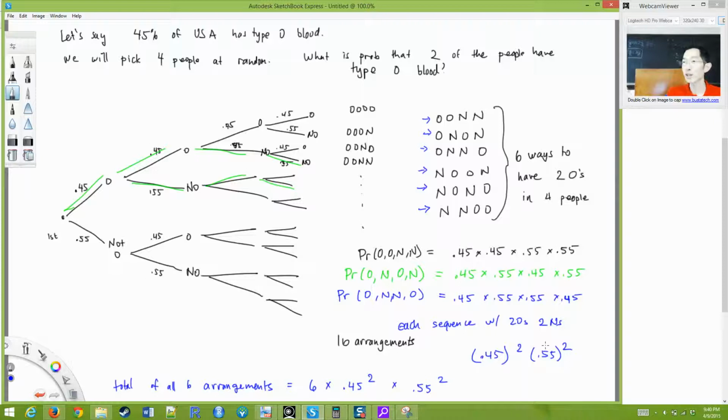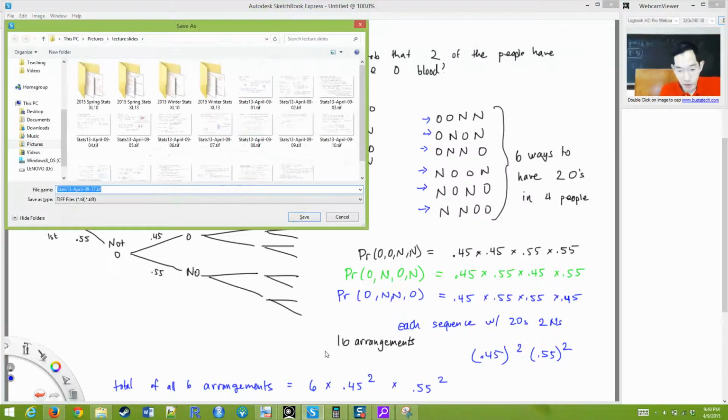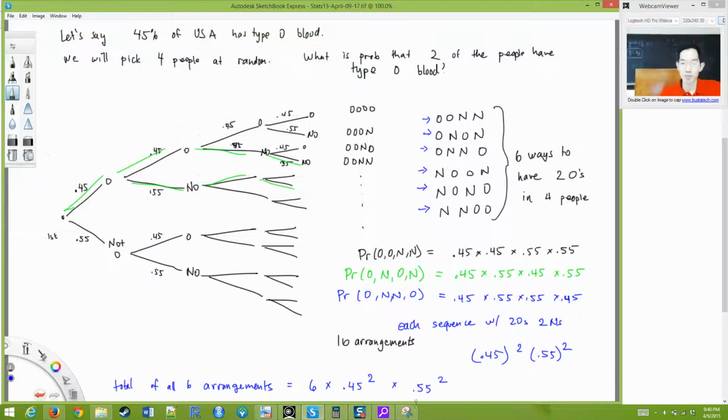I just want to make sure everybody can see that. We can use this fact to avoid dealing with this tree where there are 16 paths to calculate, and if I said I'm going to pick 10 people, there would be 1,024 paths to calculate, and we don't want to do that.